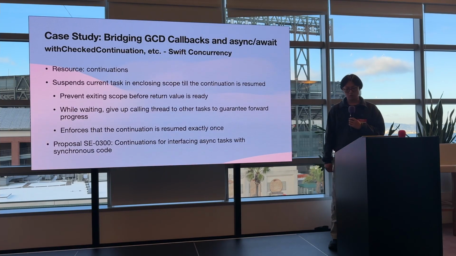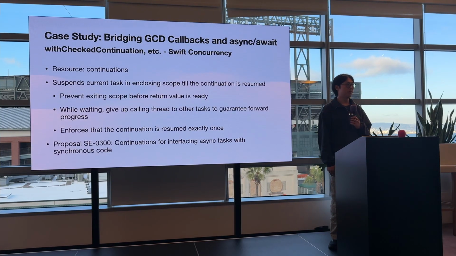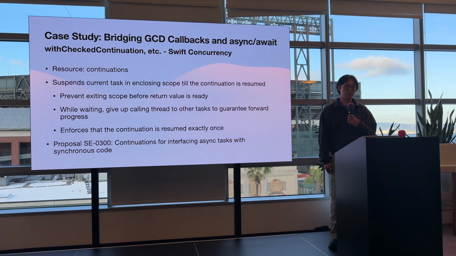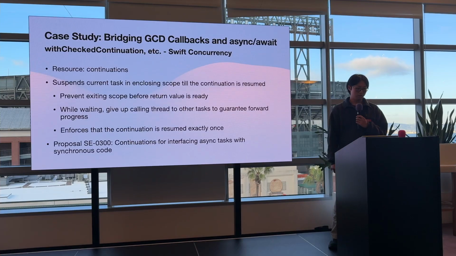Next up, I want to talk about two examples that are very different from the examples that we just looked at before, because they are async functions and they have to do with concurrency. The first one is withCheckedContinuation.